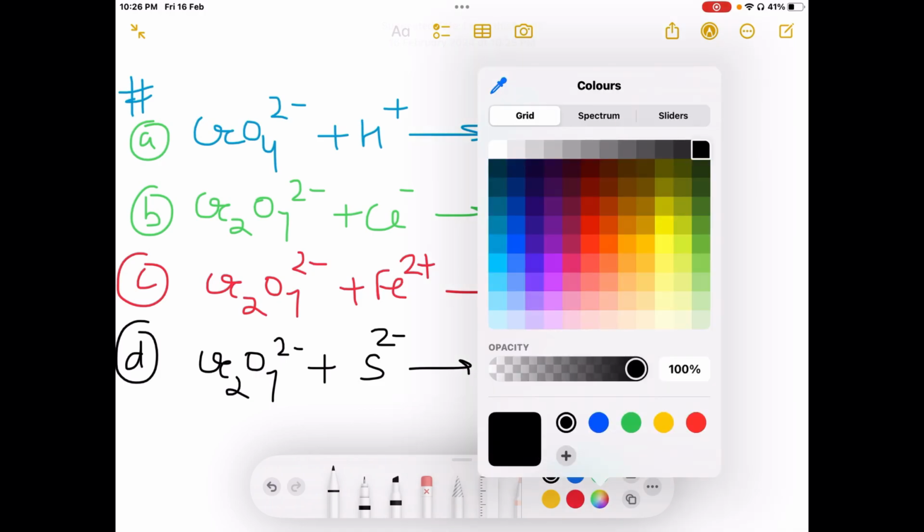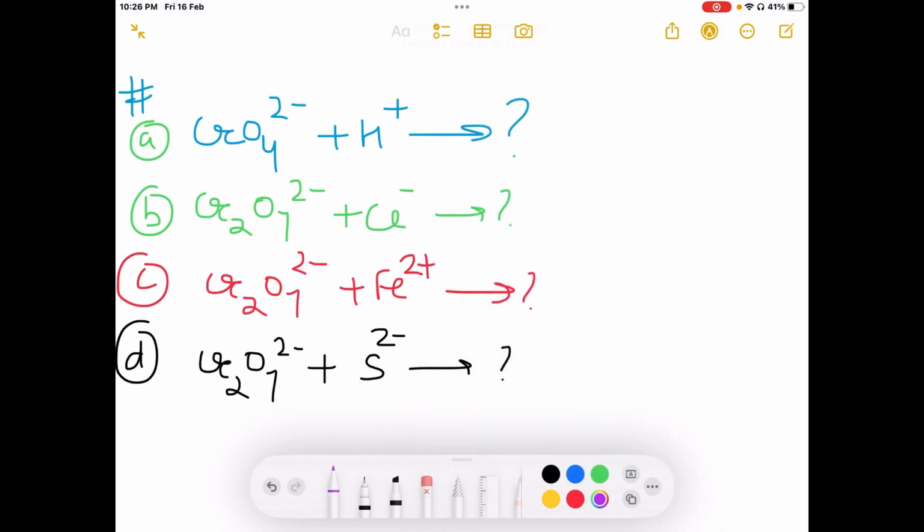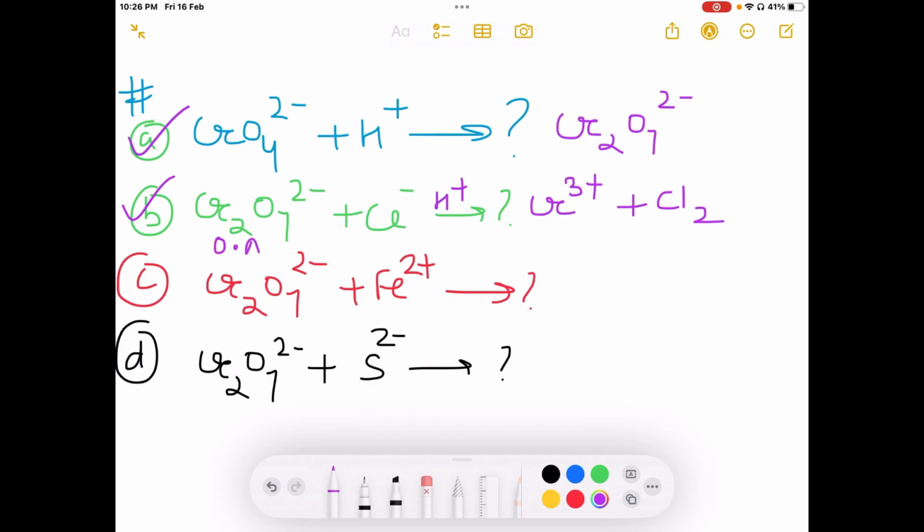So let's start. In the first case, chromate in acidic medium changes to dichromate, orange. Next, dichromate ion with chloride in acidic medium: dichromate changes to Cr3+, and chloride changes to Cl2, because dichromate behaves like an oxidizing agent and chloride behaves like a reducing agent here.